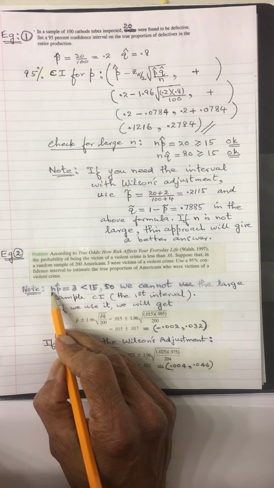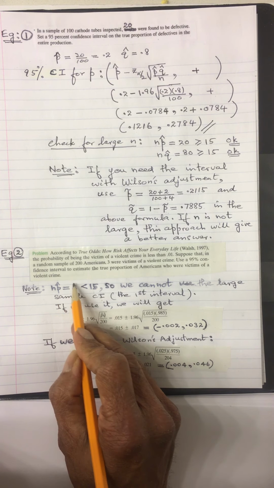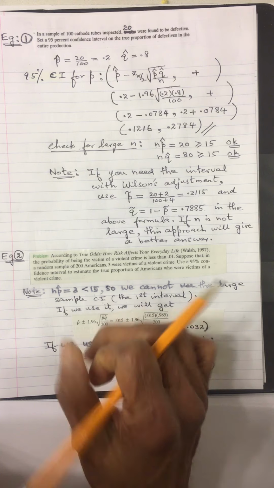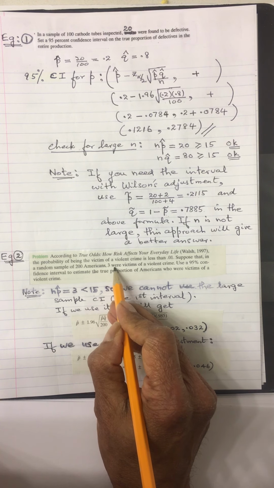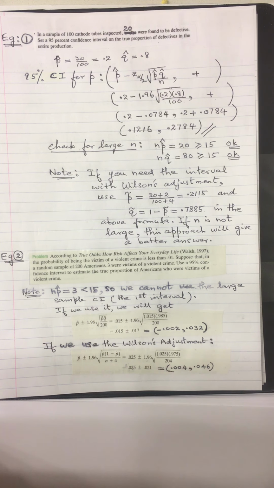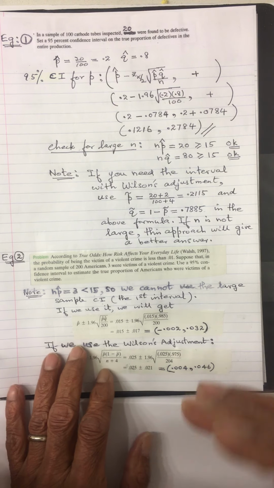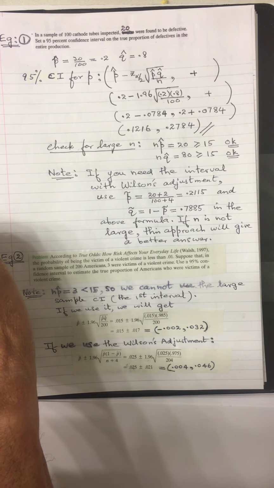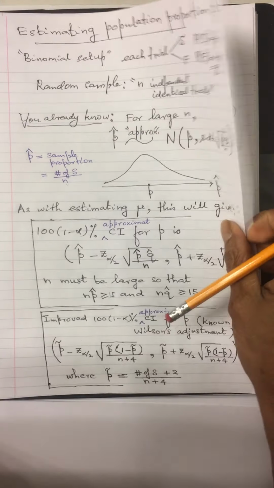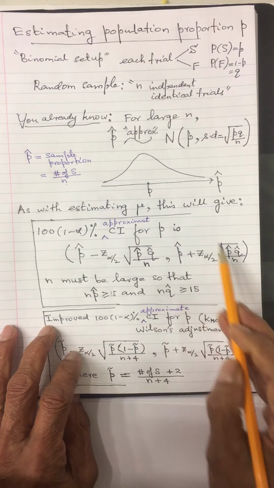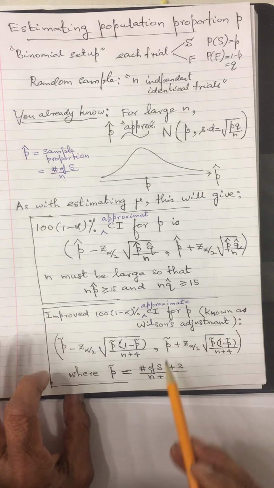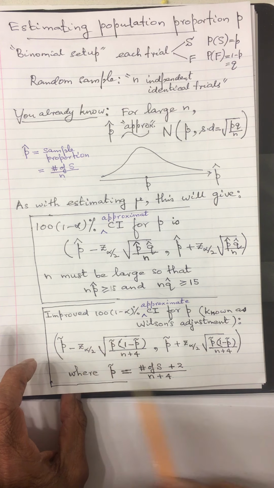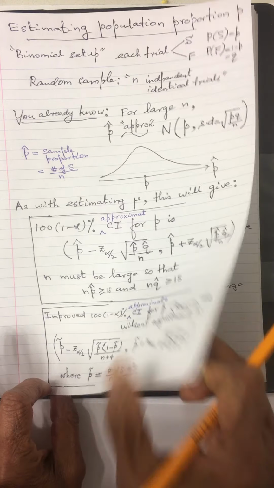If you look at n p hat, the number of successes in the sample, which is 3, it is way less than 15. So technically you cannot use this, because that condition is not met. You have to use the other one.